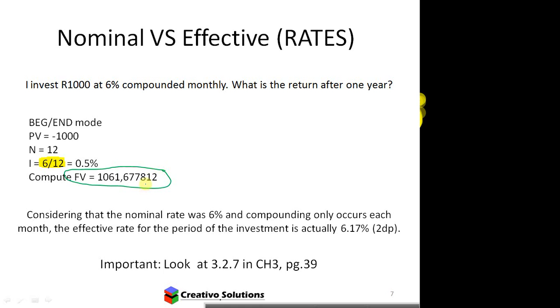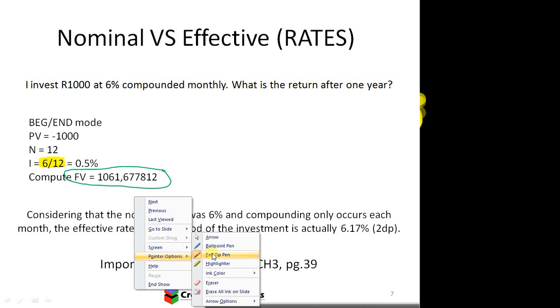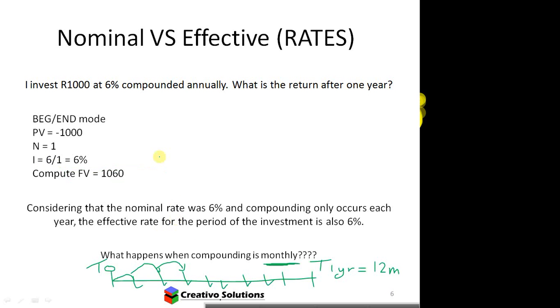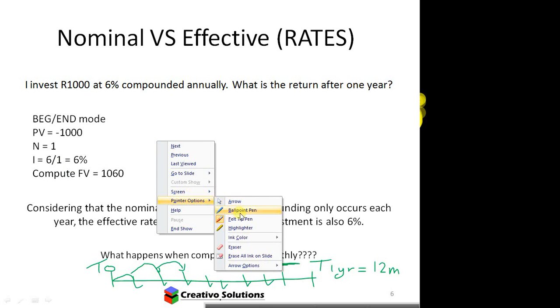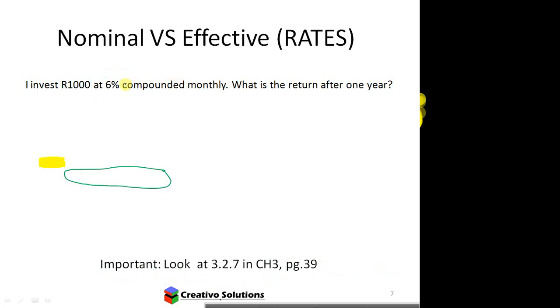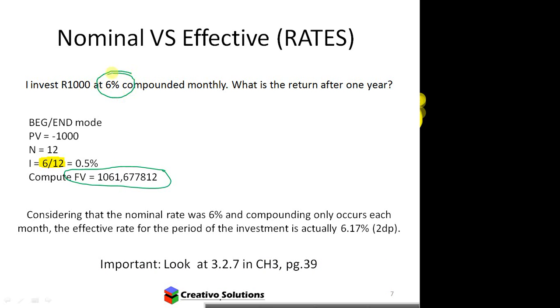Here's the interpretation. Was the nominal rate any different to the one we saw previously? Was 6% still 6%? 6% compounded annually, 6% compounded monthly. Is the 6% any different? No. 6% is 6%.